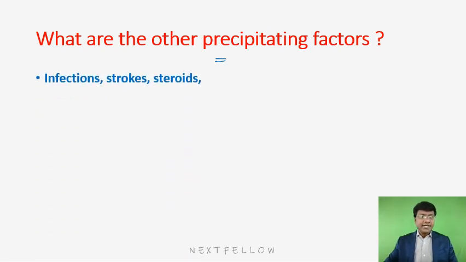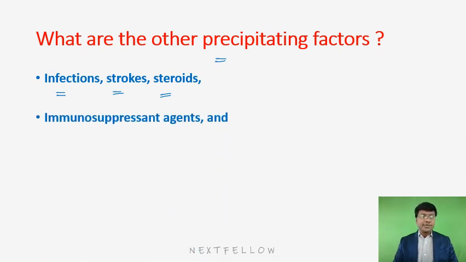These include infections like urinary tract infection, pneumonia or gastrointestinal infection, stroke, that is cerebrovascular accident, or myocardial infarction. Then administration of steroids, which increase gluconeogenesis. In type 2 diabetics, steroids increase hepatic gluconeogenesis and predispose the individual to develop hyperosmolar non-ketotic coma.